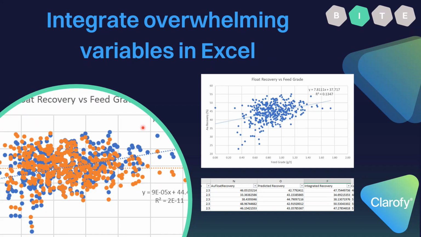All right. So again, it's a few steps, but just bear with me. I'll talk you through it. So basically, you want a scatter plot, which you might already have at this stage because you just made a bin scatter plot. So you want a plain scatter plot of your feed grade, or the variable that you think is overwhelming, against your KPI, and you want a regression line.